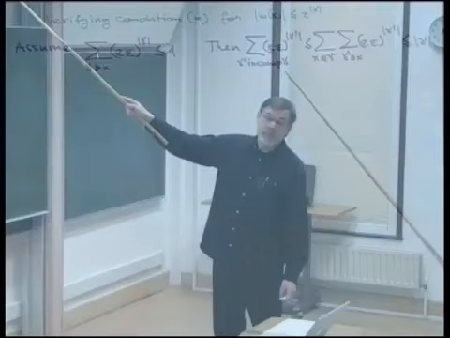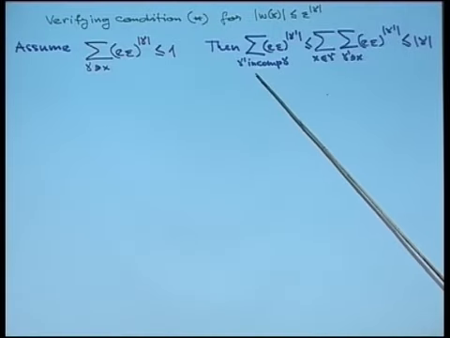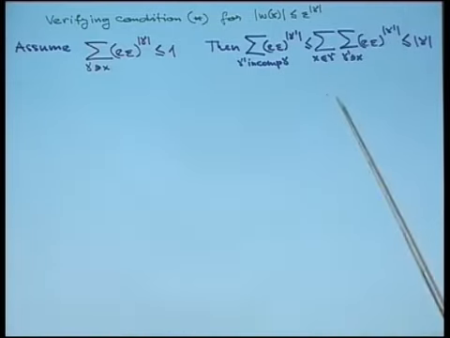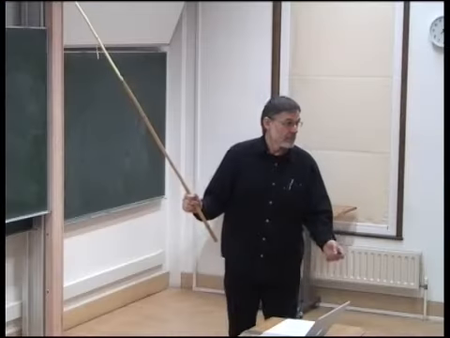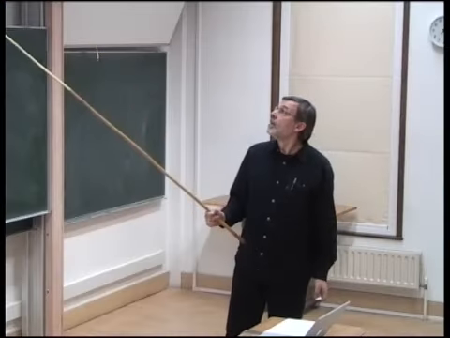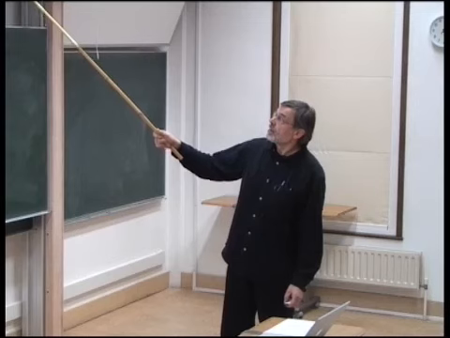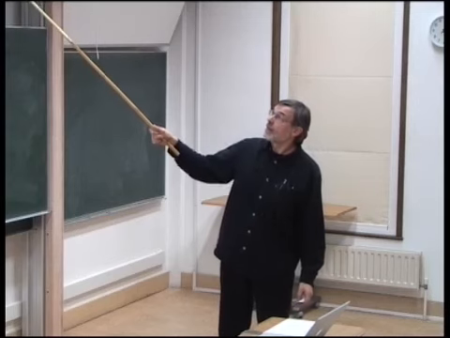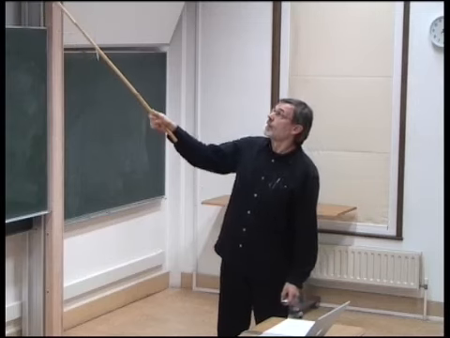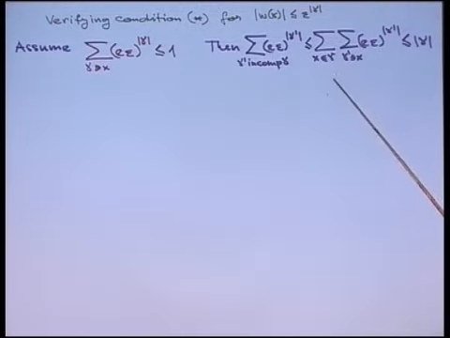Consider a contour gamma, and now I am summing over all contours that are incompatible with this gamma, that intersect it. Okay. What does it mean? They intersect it at some point x of gamma. So I can sum over x's in gamma, and then I sum over all gamma prime that contain a given x.